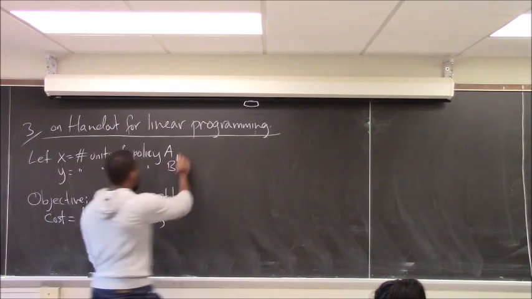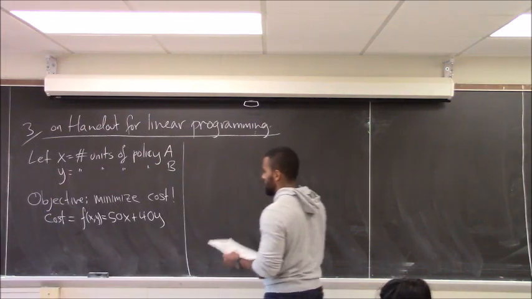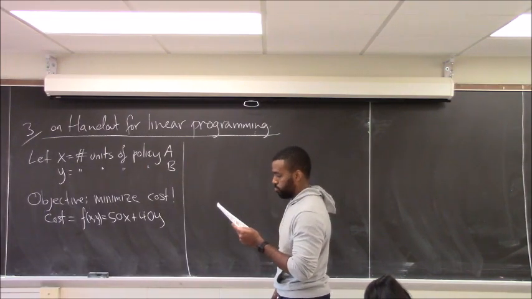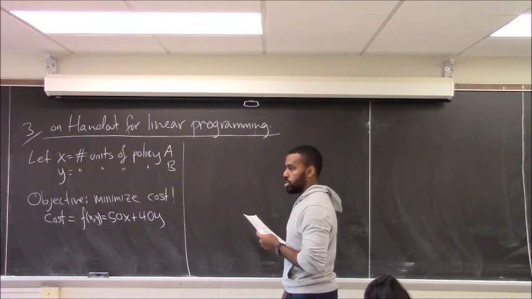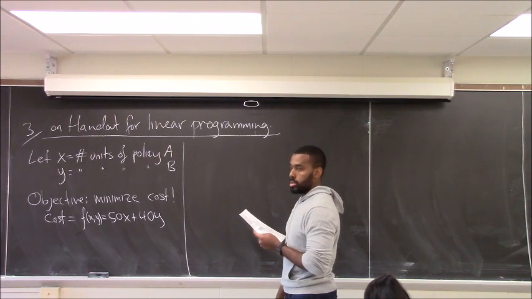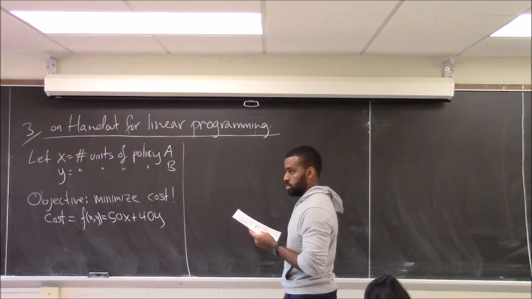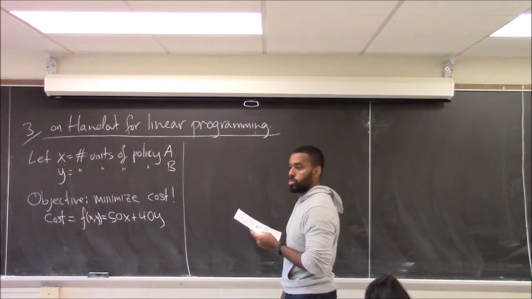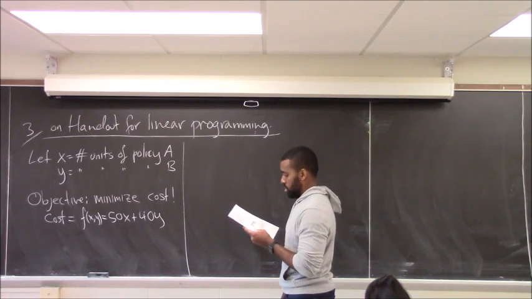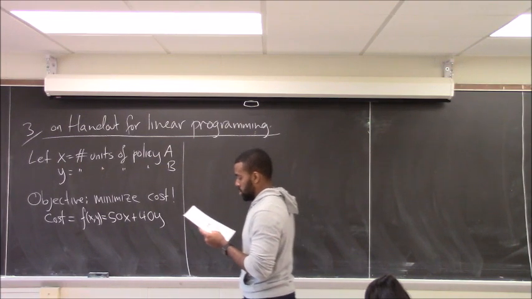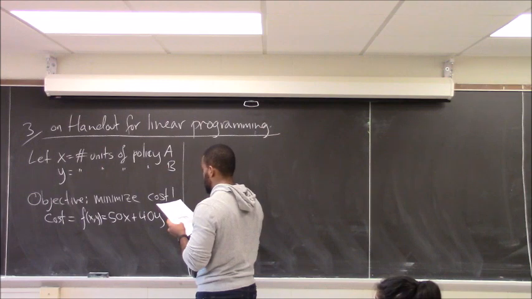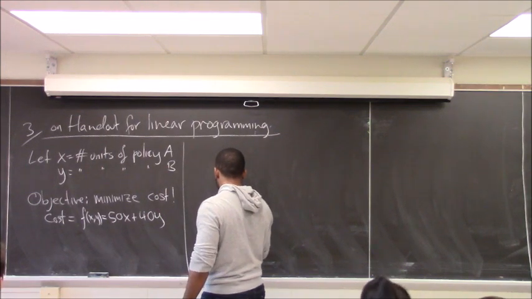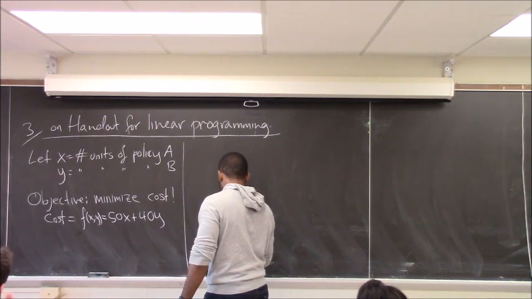What are the restrictions, the constraints, in terms of these variables? x is greater than or equal to 0, y is greater than or equal to 0. Those are automatic because you're obviously going to be buying some of them.